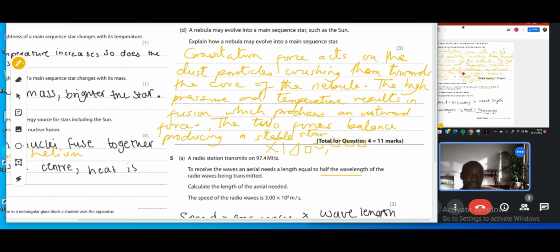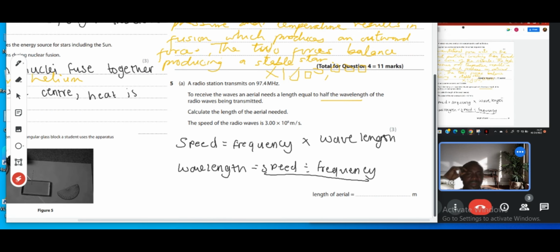Can you just read it out? Yeah, gravitational force. Go ahead. So that's the main sequence. All right, you have your 3 marks. Okay, any other question here?